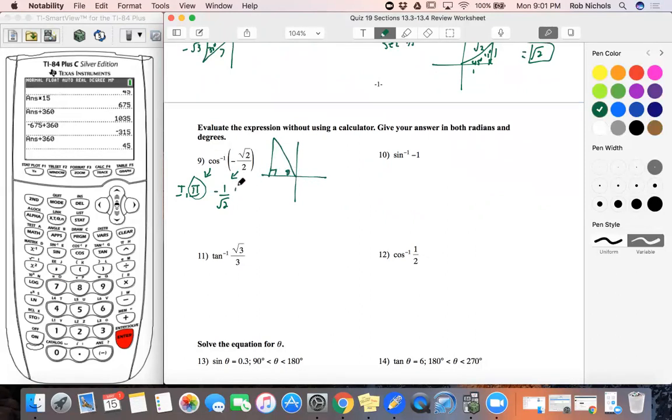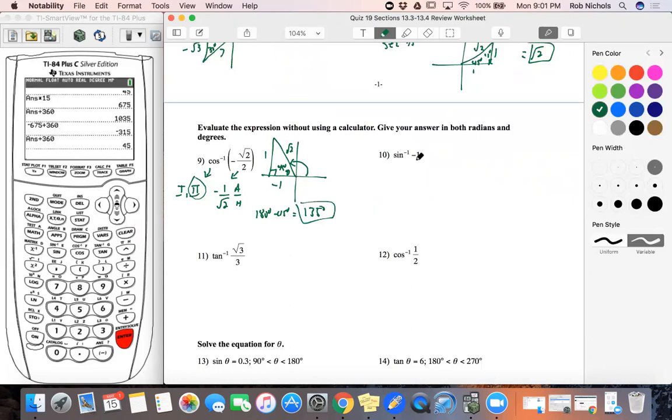Cosine is adjacent over hypotenuse. So the adjacent side is -1. Hypotenuse is the square root of 2. This must be 1. So what special triangle must that be? Well, that must be a 45-degree angle. But what is it in this quadrant? It's going to be 180 degrees minus 45 degrees, and that's going to give me 135 degrees.